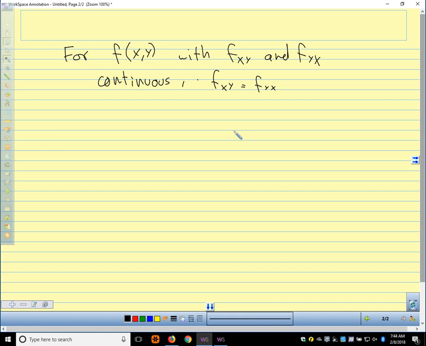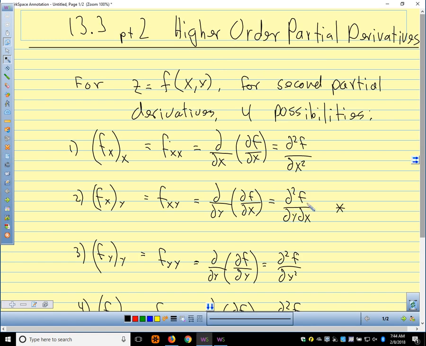So if we were doing a third partial derivative, and we have a 3 variable function and we want the second mixed partials of that 3 variable function, we need to make sure we go in the correct order to get those second mixed partials.